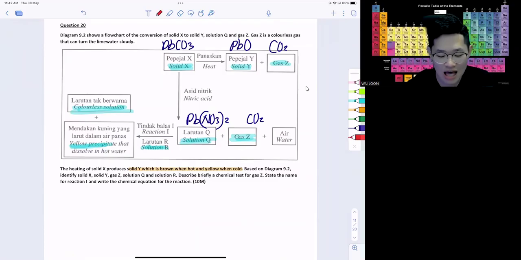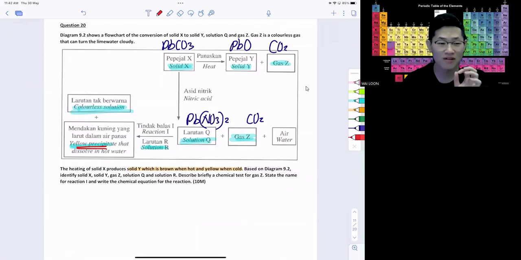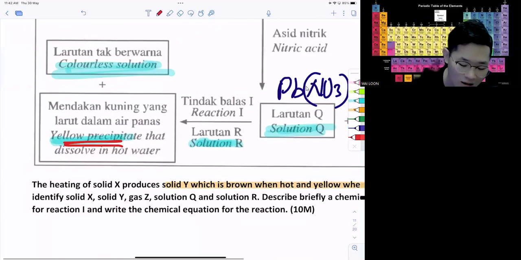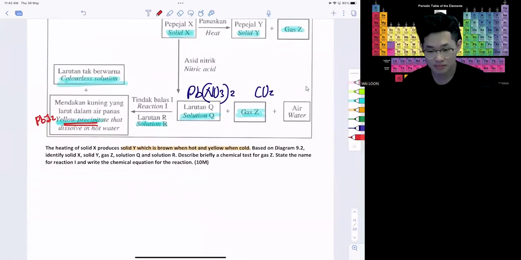Where we see the yellow precipitate, yellow salt, just now in the front, we did mention one yellow salt. What is that? What is the yellow salt? PbI2. Lead 2 iodide, correct.